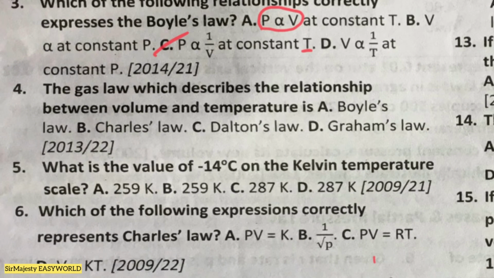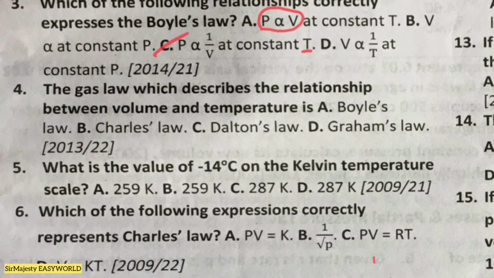Then number 4 says, the gas law which describes the relationship between volume and temperature is... they said between volume and temperature in this case. One should be careful here. We are looking at volume and temperature here. So it is not Boyle's law at all.